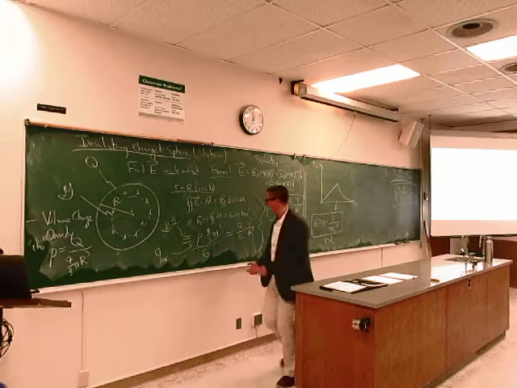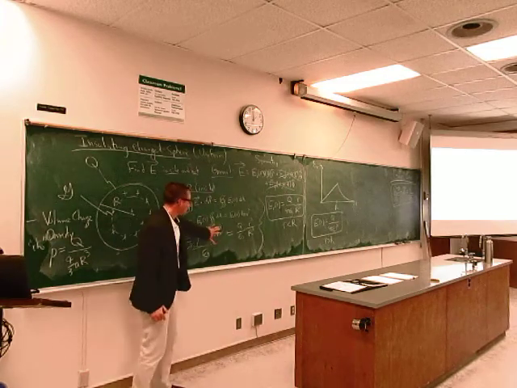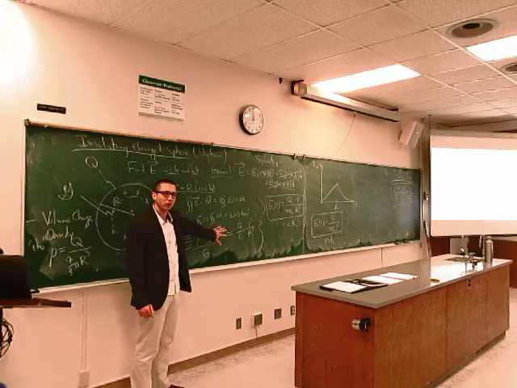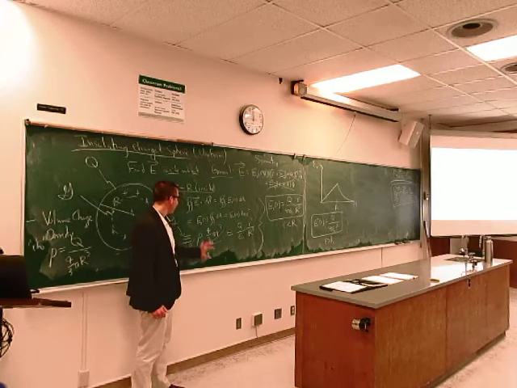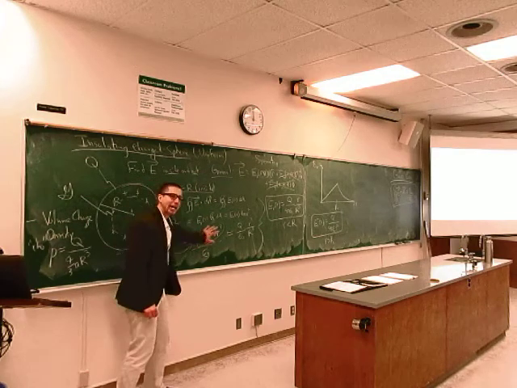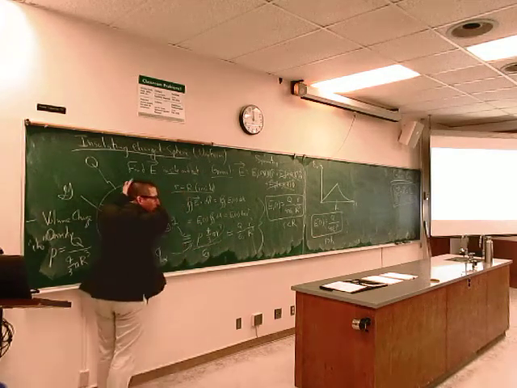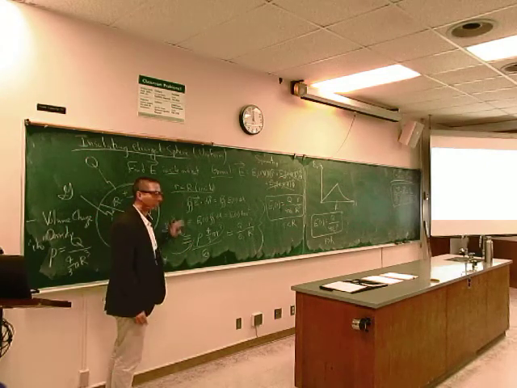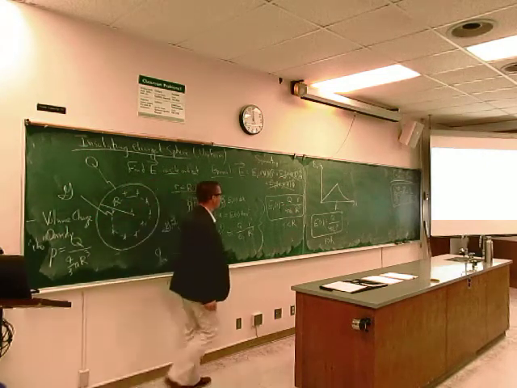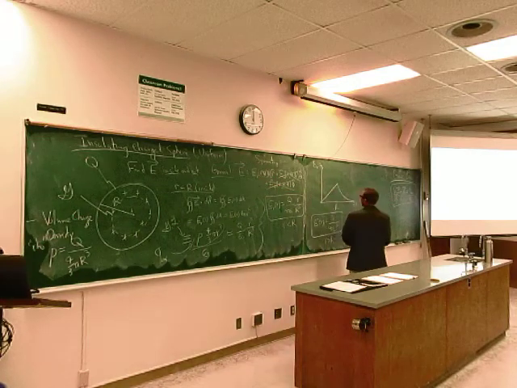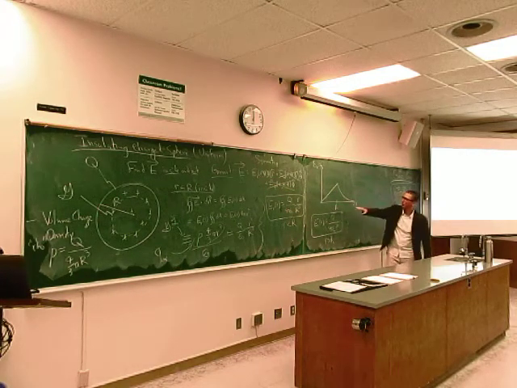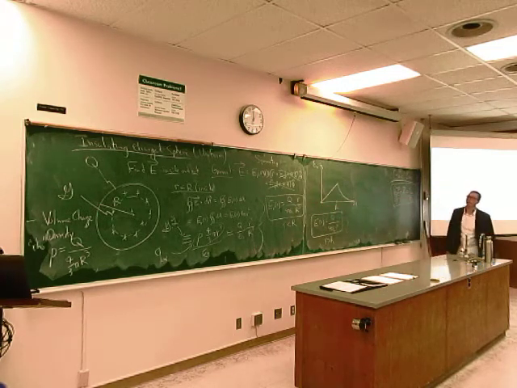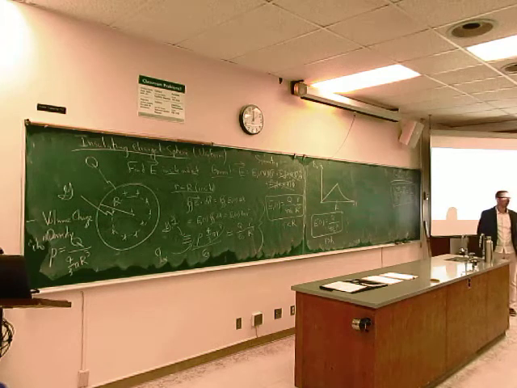The only thing that would really change is instead of putting this mess right here, where I circled it, you just put a capital Q. If I did everything the same, and I made my Gaussian surface outside, so it encloses everything, then everything goes the same. That just turns into a capital Q, and then I get this as my result. And I found the electric field due to a sphere, which otherwise would have been rather complicated to find.